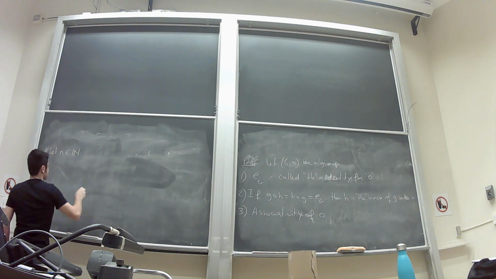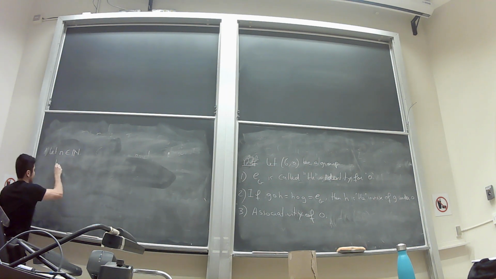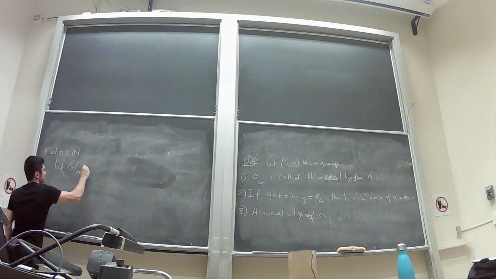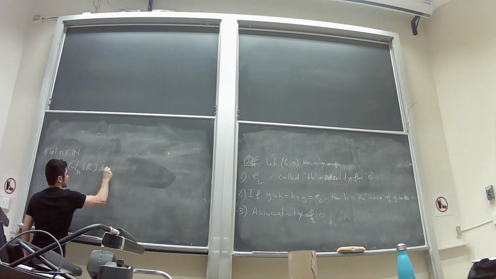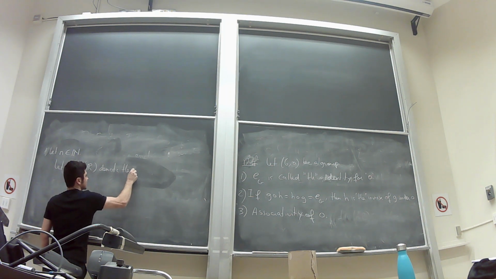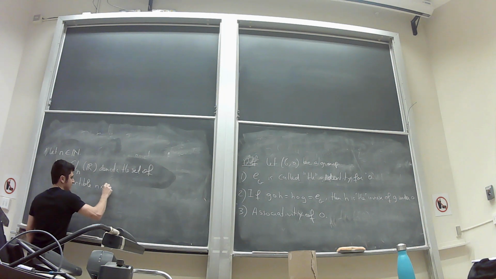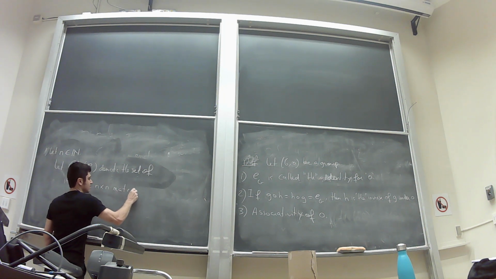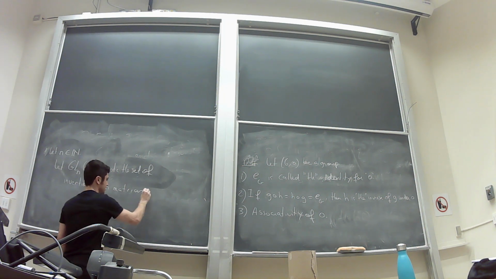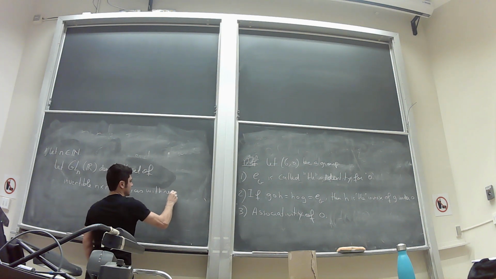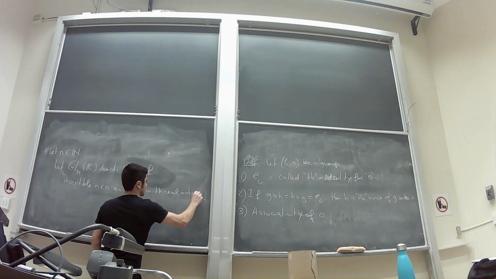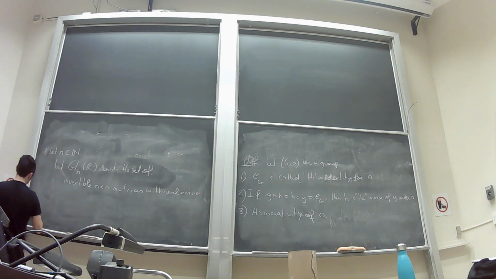So let n be a natural number. Let GL_n(R) denote the set of invertible n by n matrices with real entries. Now GL means general linear.